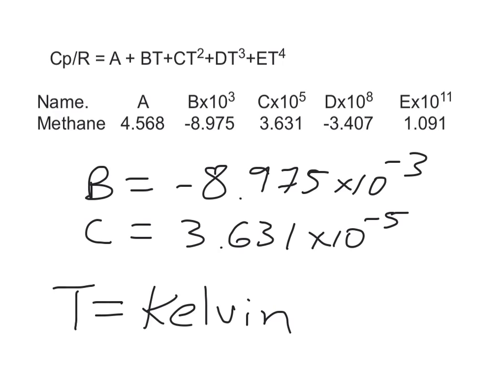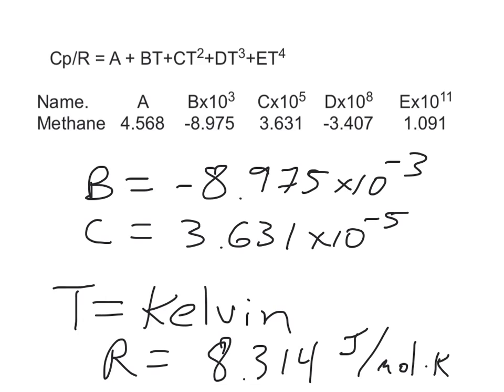The other part I want to point out is that this equation is Cp divided by R. So it's not Cp itself, it's Cp divided by R. The common value that we use for R is 8.314 joules per mole Kelvin. So if we want to get Cp itself, we have to take this whole equation and multiply it by R.